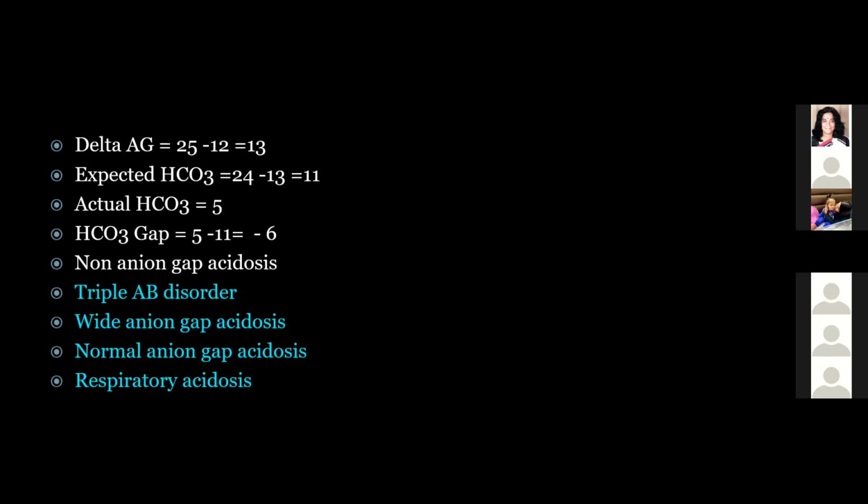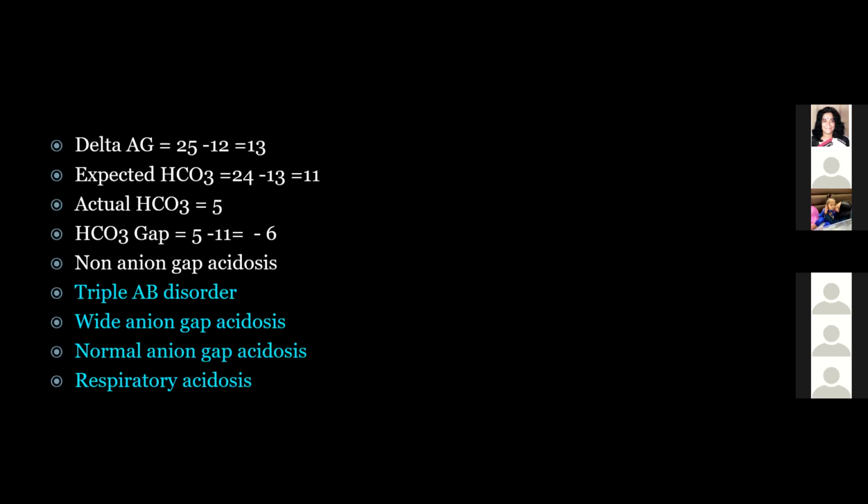So probably if you put all this together, you might conclude that this child had a previous normal anion gap acidosis, maybe an RTA or an early CKD, which creatinine may tell you, and the child developed some sepsis, he had fever, lethargy, so developed a wide anion gap acidosis. And because the child is malnourished, not thriving, he cannot compensate for this and is going into respiratory failure and developing respiratory acidosis. So the entire picture of what this child could have had to begin with comes when you calculate everything together.